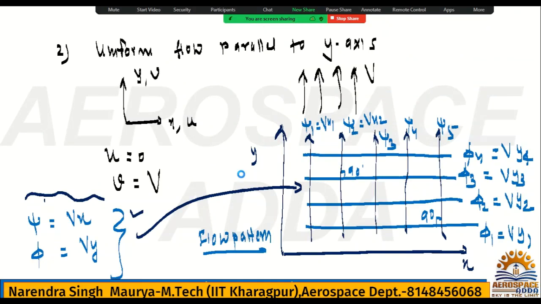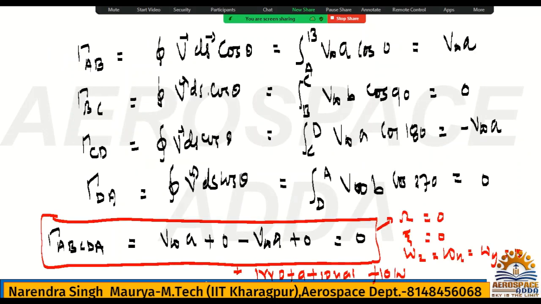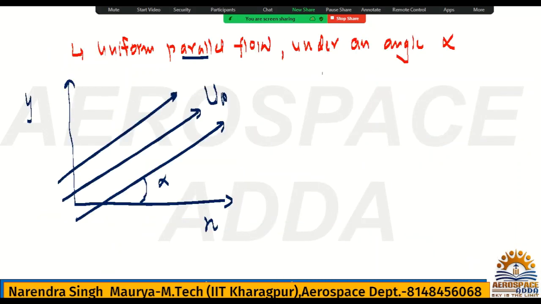Fine. So similarly here also, for this type of flow, inclined flow, this is called inclined flow. Now what will be the phi and psi for this inclined flow? So write the direct result.